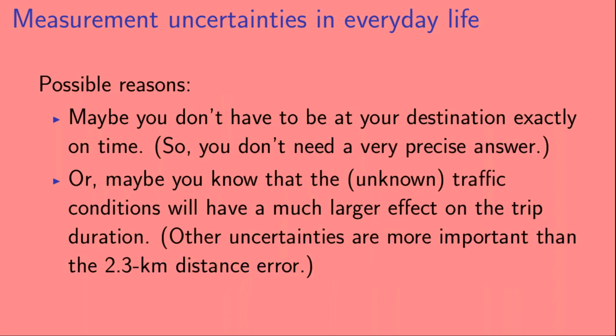Let's look at a couple of possible reasons. First of all, maybe you don't have to be at your destination exactly on time. So in this case, you don't need a very precise answer. Or maybe you know that the unknown traffic conditions will have a much larger effect on the trip duration. So in this case, other uncertainties are more important than the 2.3 kilometer distance error.